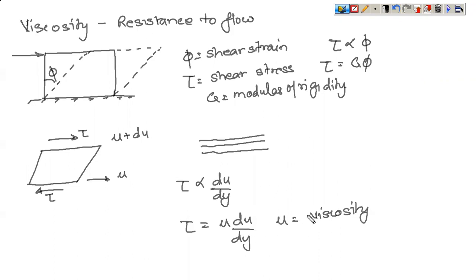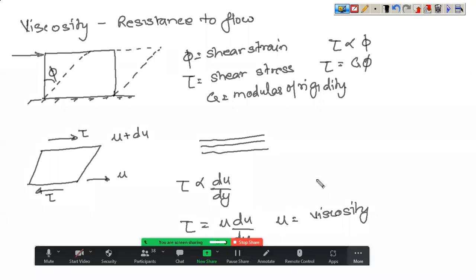So if you look at the system of viscosity, you can say that mu for water is less, milk is a bit more due to the fatty content, lubricating oil is a bit more, because the greater the viscosity, the greater will be the resistance to flow.